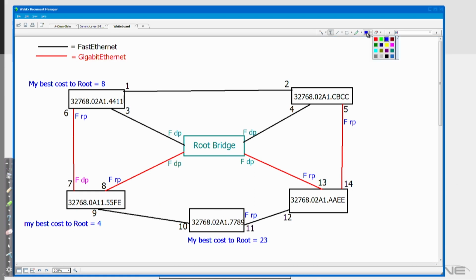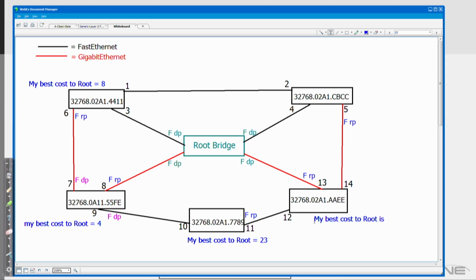He's got the lowest cost path back to the root bridge. So that interface on that cable will be the designated port. And then if we go over here to AAEE, he says my best cost to root is 4. So between AAEE and 7789, well, oh, wait a second. Remember how I said if you have a root port on one side, the other side is already a designated port? Well, now you know why.